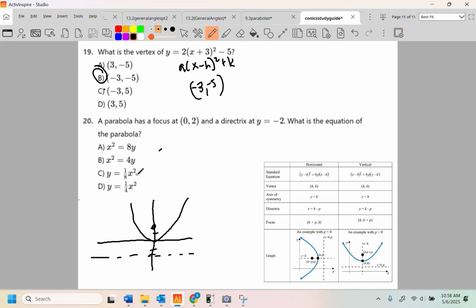A and C are technically the same thing, and B and D are technically the same thing. I've got a lot of fixing to do on these. Anyways, it's vertical, so I just have to pick the right one.